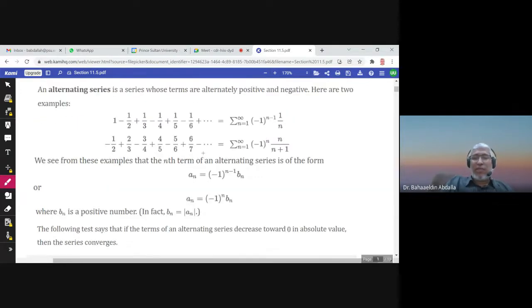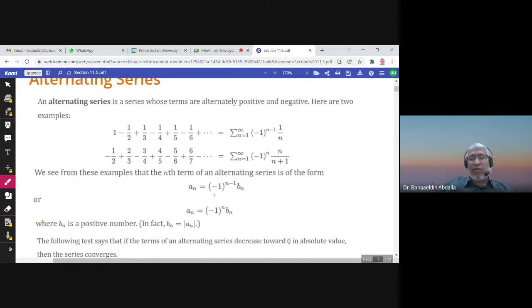So notice that we will differentiate between an, this is an, okay? What is inside the series? This is an, the nth term of this series. And this is also an. And an, in an alternating series, can always be written as negative 1 to some power times bn. So what is bn here?